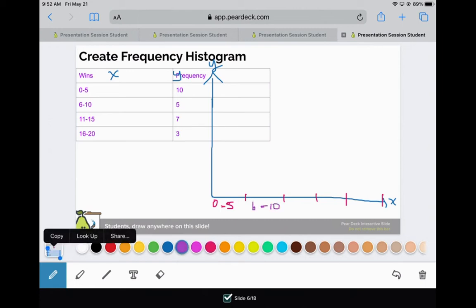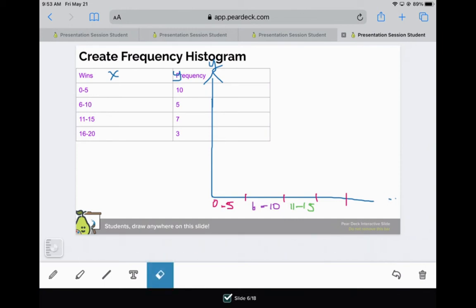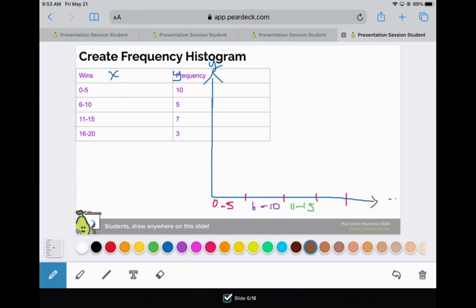It's just been a while, so that's why I want to spend the time to go over, just to remind you. 11 to 15. And, oh, there's only 4. I did 5. Don't need that. Okay. And then I have 16 to 20. Okay, this one the lowest is 3, the highest is 10, so I can increase by 2: 2, 4, 6, 8, 10.